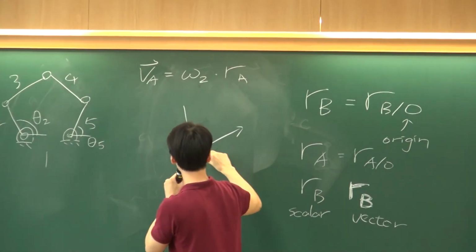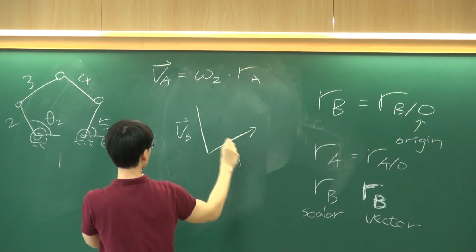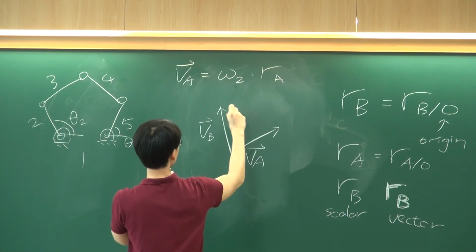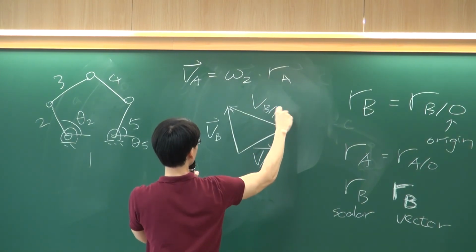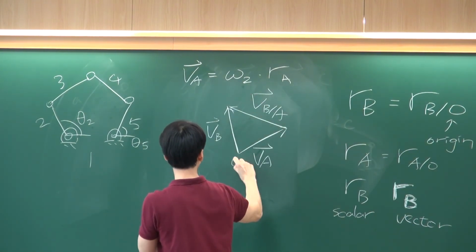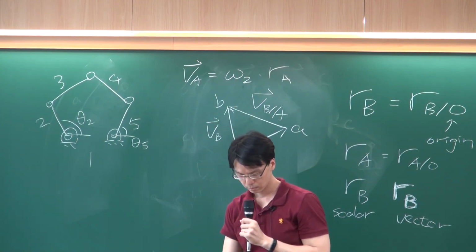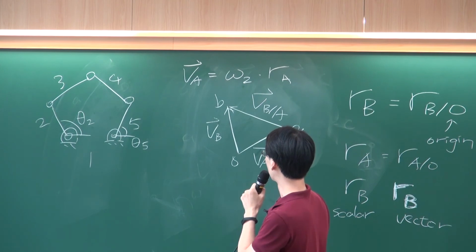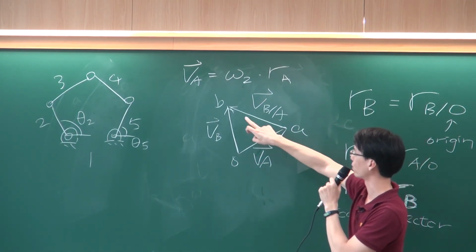In the velocity polygon, we use VA, VB, VBA. Originally, I have this VA, and I want to find VB.